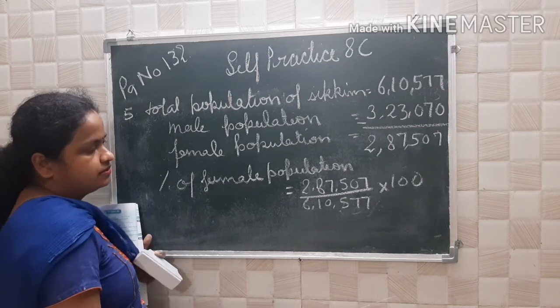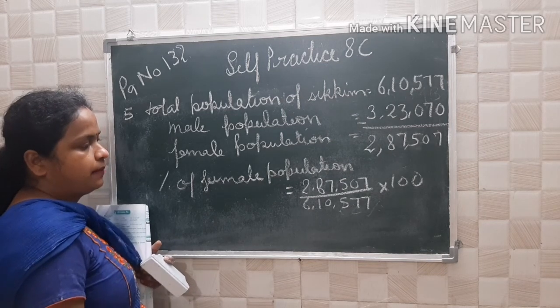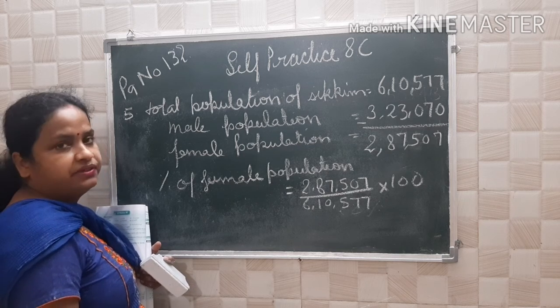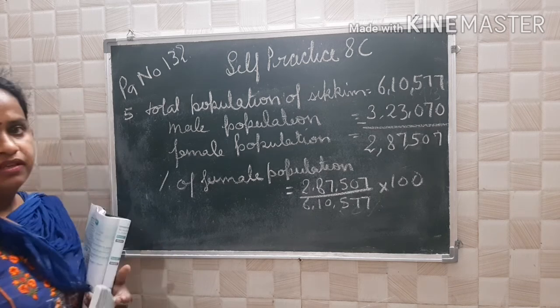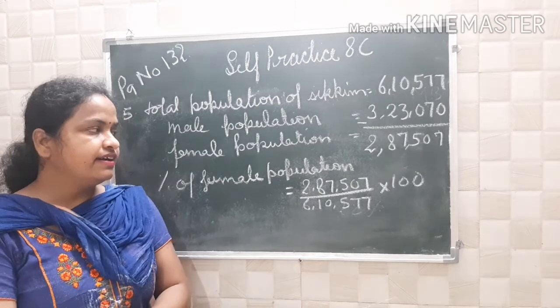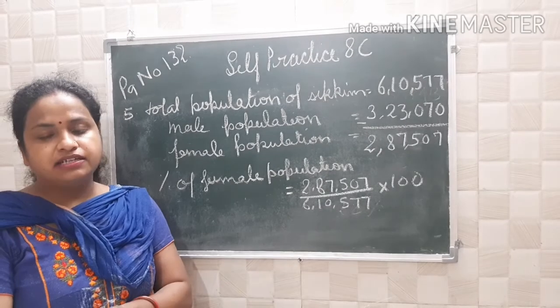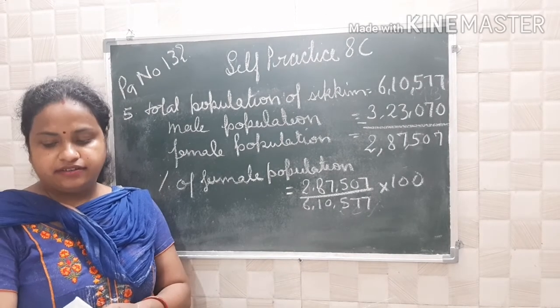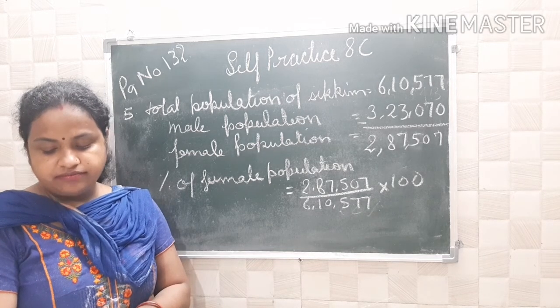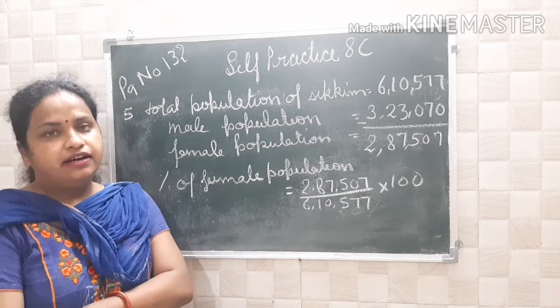Now, what will you do here? How much should you get? You will firstly divide it and then lastly multiply it by 100. Firstly we will divide it and lastly we will multiply it by 100.